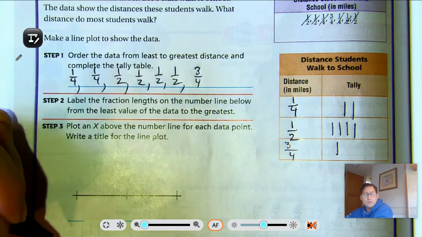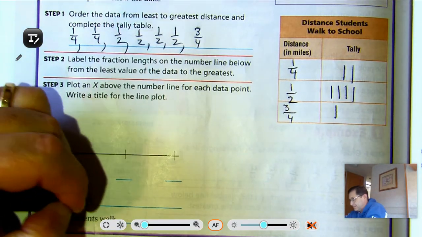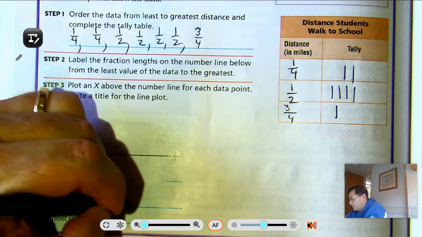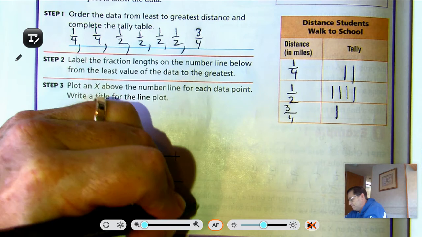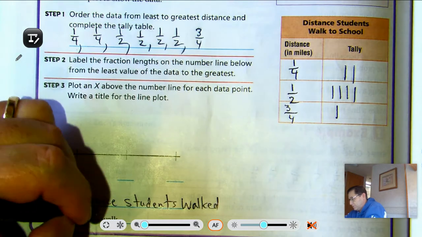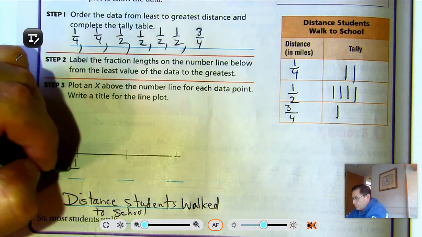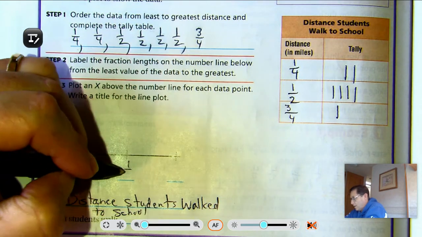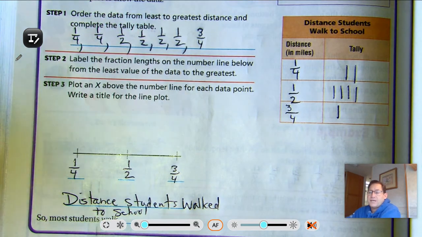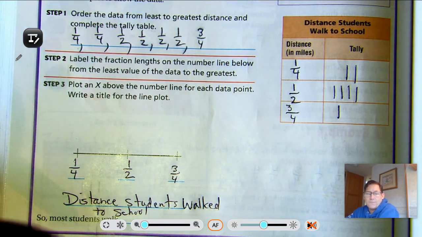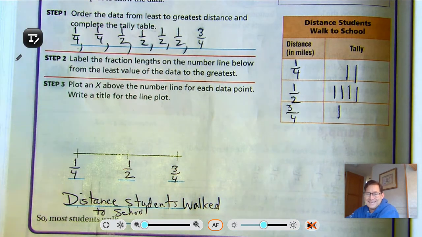Okay, so the title of our line plot is Distance Students Walked to School. And our smallest value is 1/4, 1/2, and 3/4. Each X on our line plot will represent 1 student that walked that distance.